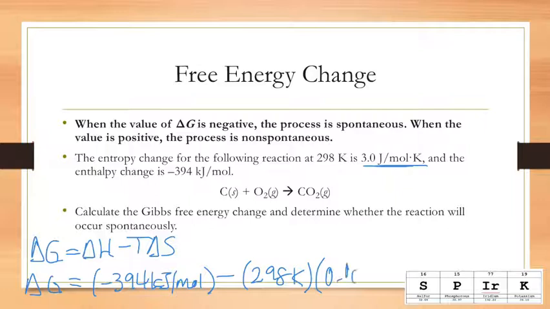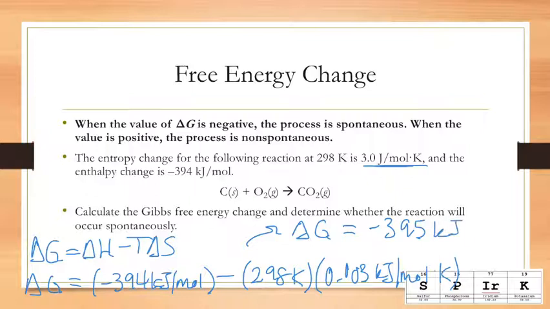So 0.003 kilojoules per mole Kelvin. And when we multiply these two together and then subtract it from the enthalpy, delta G equals negative 395 kilojoules per mole. So this delta G is negative, which means this is a spontaneous reaction.